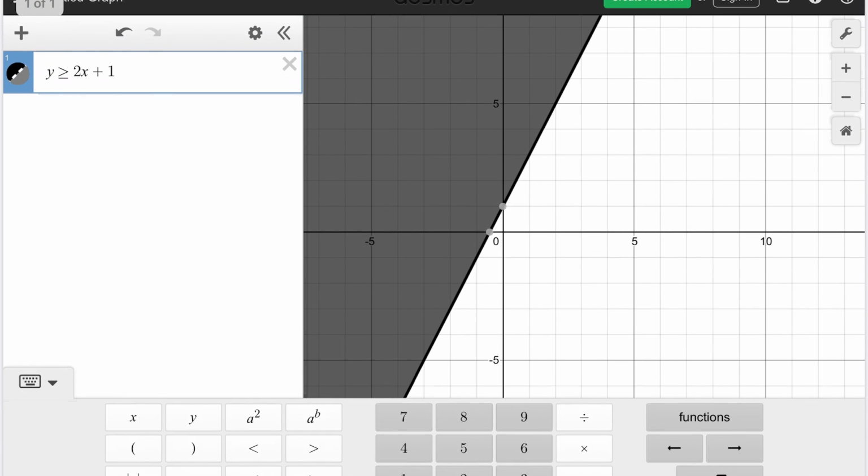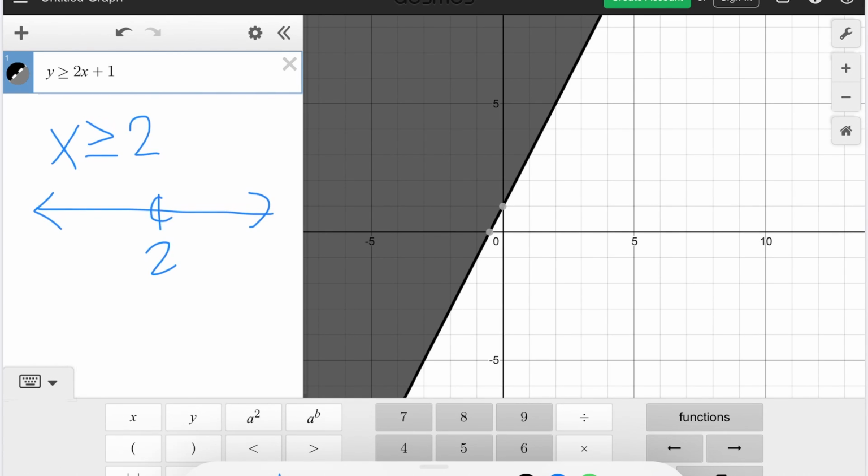Oh, there we go, I have to hit the markup thing. On our old graph, when we had greater than or equal to on our number line and we used a solid dot, that was the greater than or equal to, right? Well, on the coordinate plane, the solid line is the same thing as a solid dot, okay? So solid line is the same thing as a solid dot.